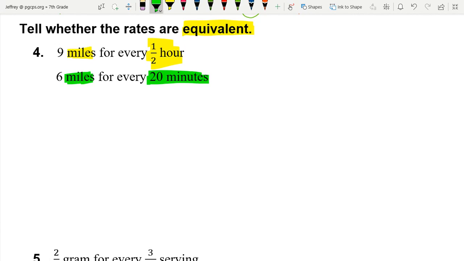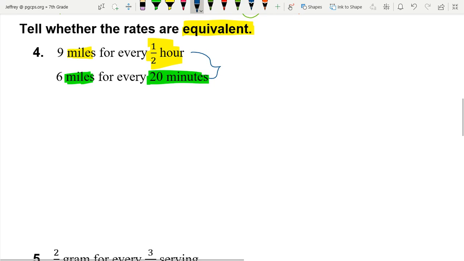Now, although the miles are the same, these two have different units of measure, because one is in hours and one is in minutes. So for this example, we're going to get the unit rate for the hour. So for 1 hour. Now 1 hour is 60 minutes, right?